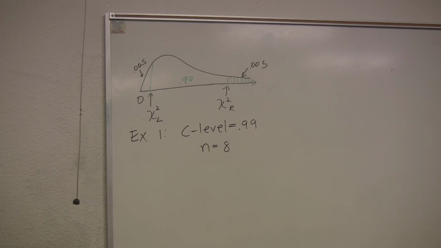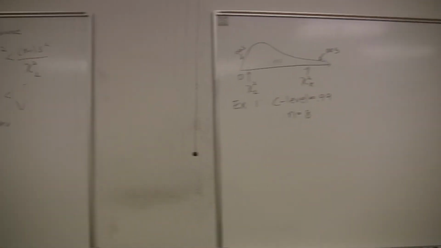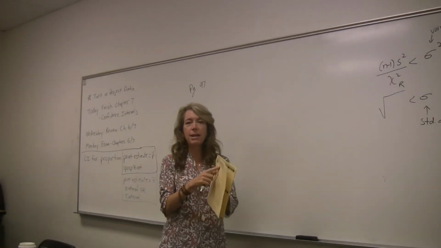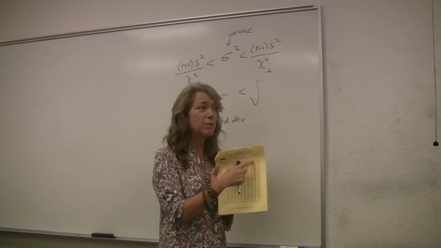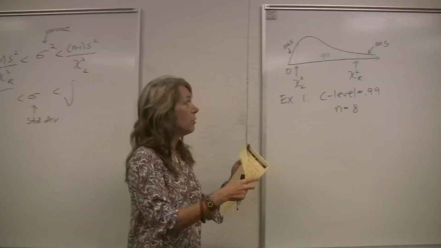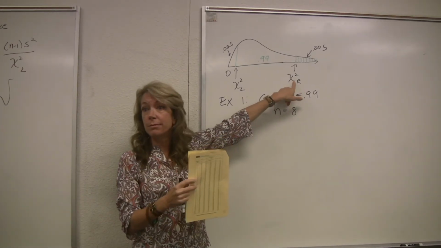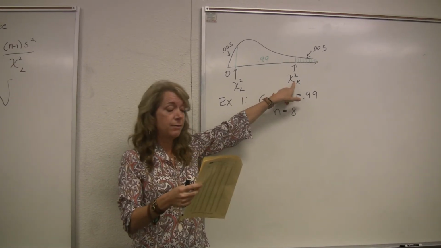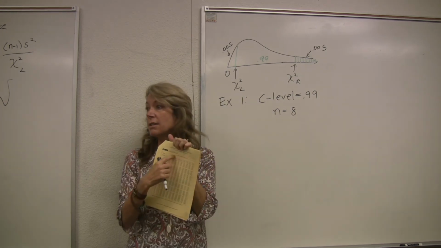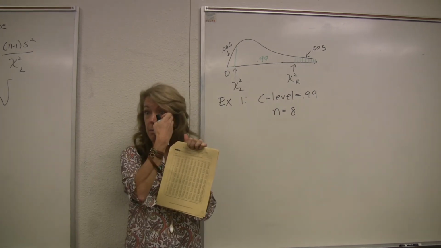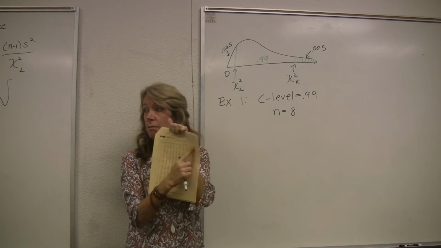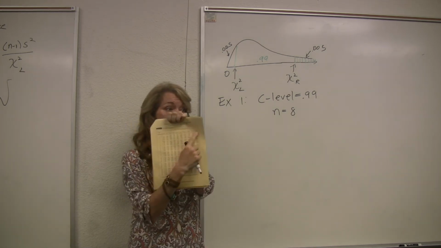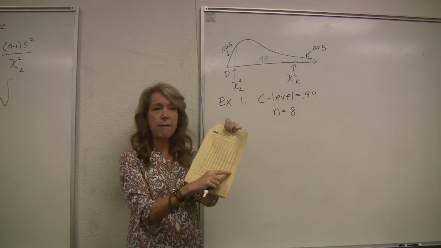Really important is at the top of this page, it says that the area to the right is on this table. Not the area to the left, which has been everything else we've seen so far. So what's the area to the right? 0.005. So according to this, across the top of this page, which column do I want? The very last one. The very last one has the 0.005. And how do I know how far down to go?